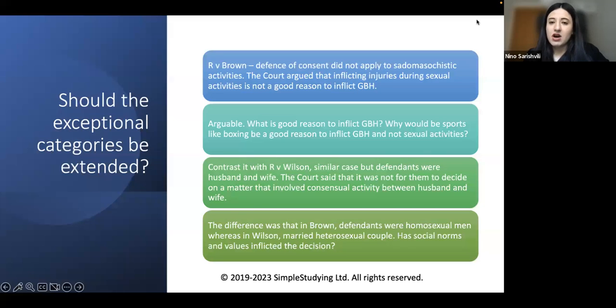And obviously, there is a lot of academic criticism as to what is a good reason and what is a bad reason for inflicting GBH. The court in R v Brown was criticized for enforcing social norms and values instead of the law and human rights, because in R v Wilson, which was a very similar case, the defendants were husband and wife, and they were involved in sadomasochistic activities.